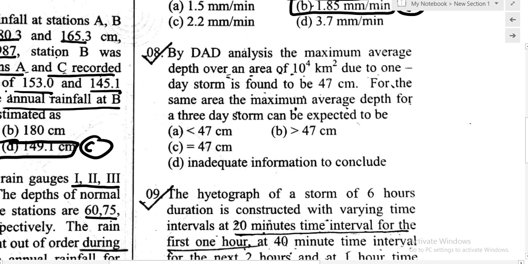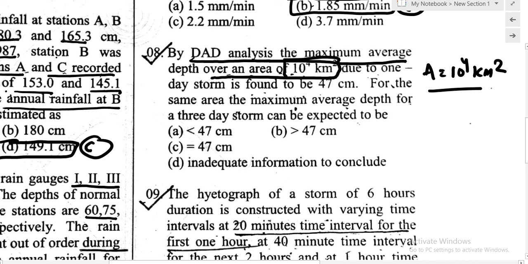By depth area duration analysis, the maximum average depth over an area is given. The area is 10 to the power 4 kilometer square. Due to a 1 day storm, the duration of the storm being 1 day, the depth is found to be 47 centimeter.